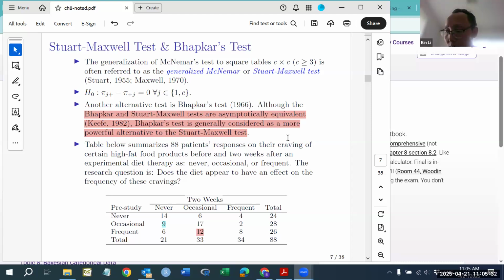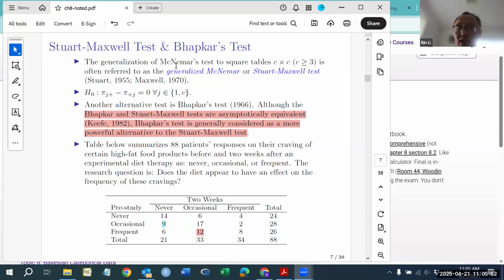Okay, now a straightforward extension of the McNemar test is, instead of having a binary response, we can extend it to more than 2 categories, right?